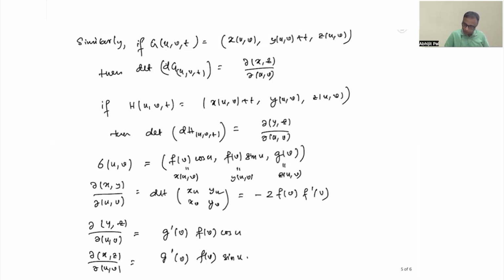So suppose all of them are equal to 0. So then what you'll get?